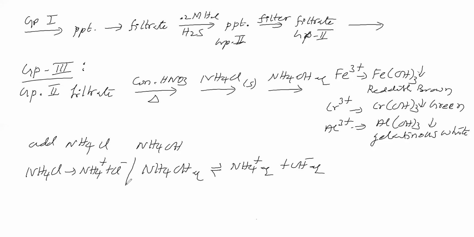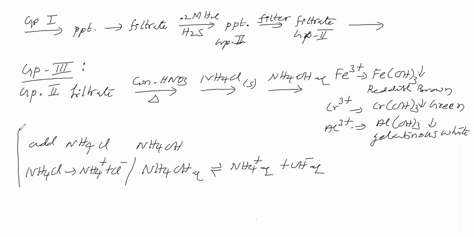Complete ionization in the sense of maximum extent, that is, alpha value is high, but not alpha equal to 1. So ammonium chloride ionizes to a greater extent, while ammonium hydroxide, a weak base, undergoes partial ionization.